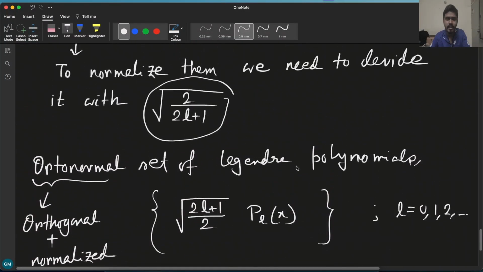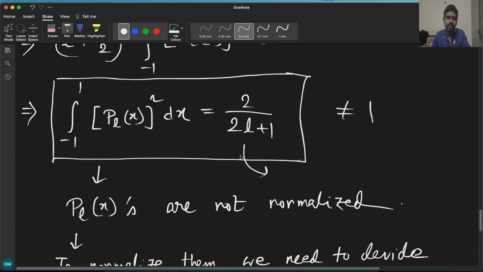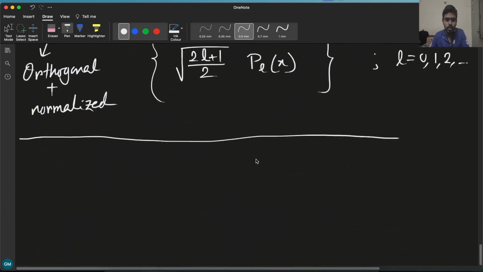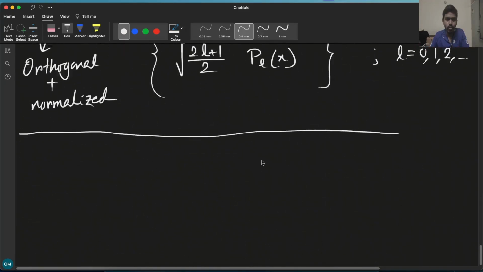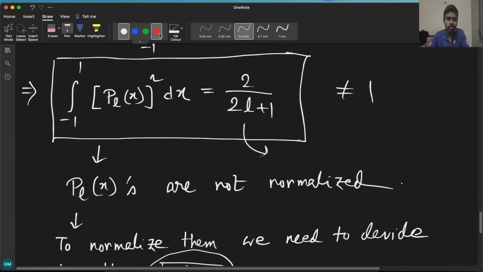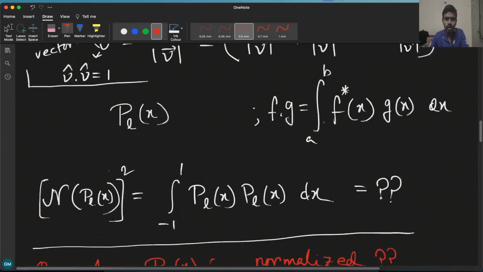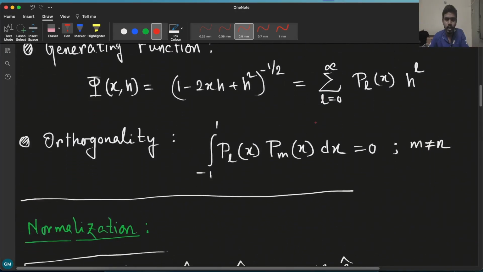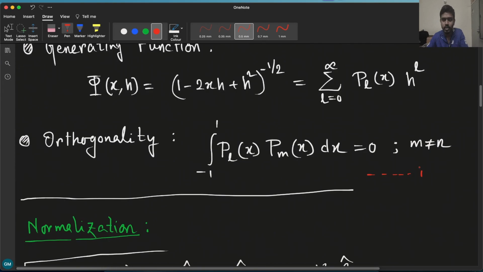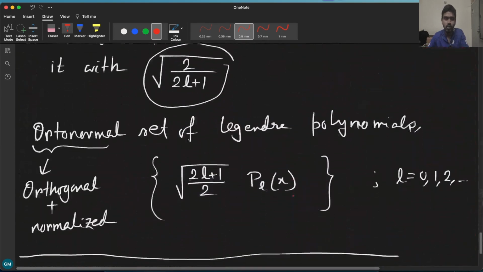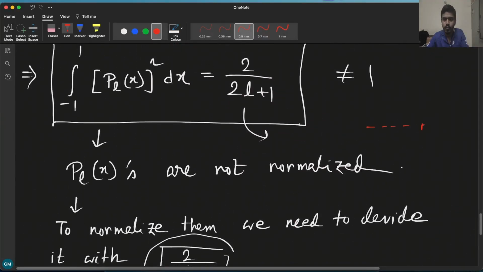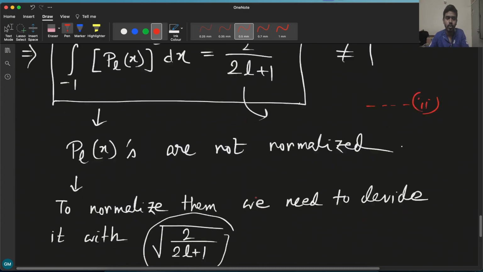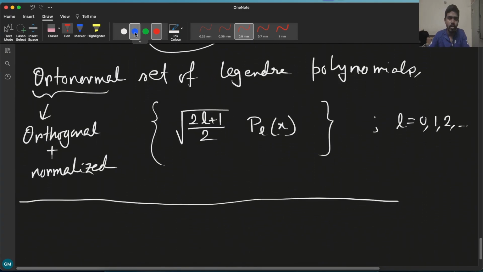So remember that these PL(x), those are not normalized. And with the help of this relation, if I call this orthogonality property equation 1, and if I call this property equation 2, then I can combine them.